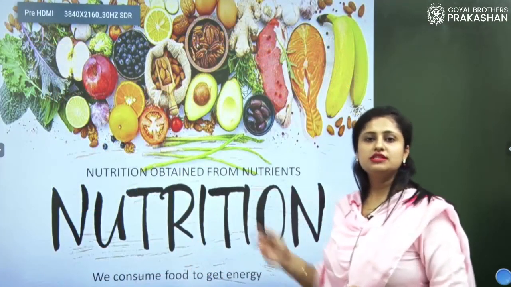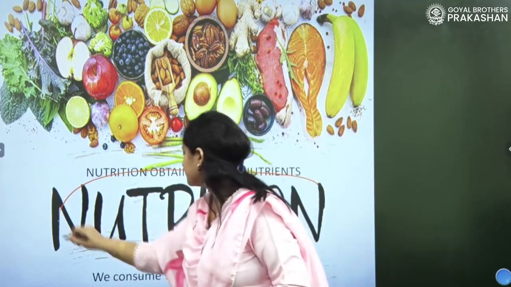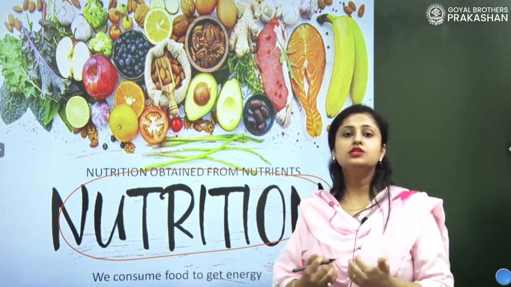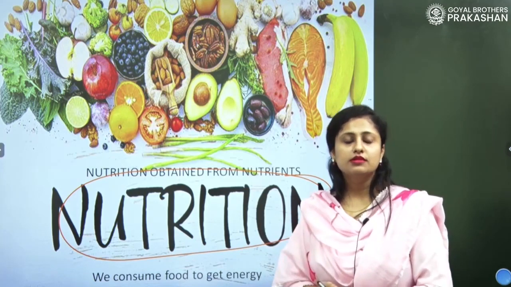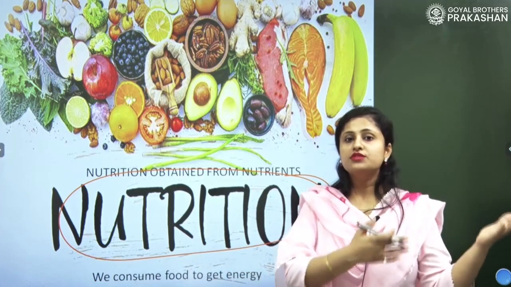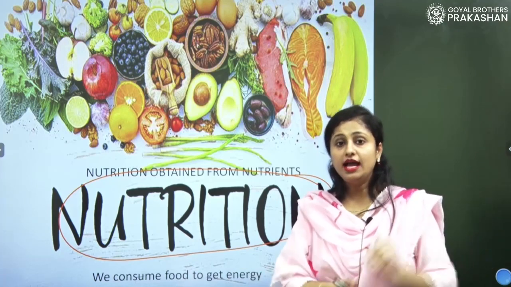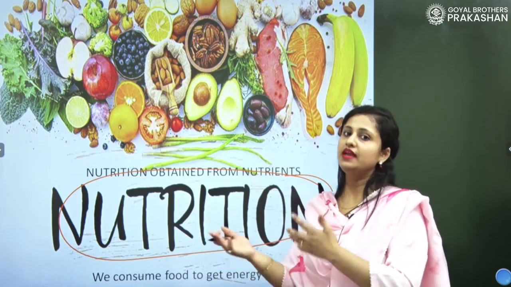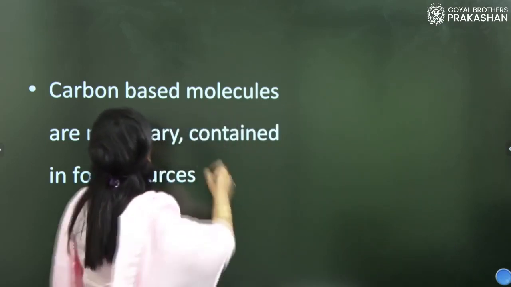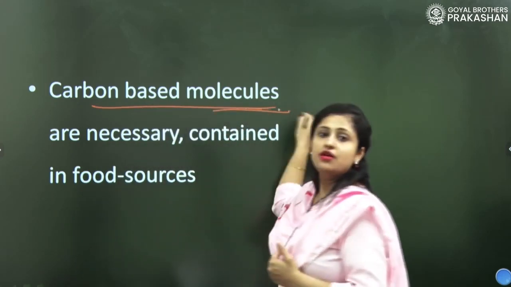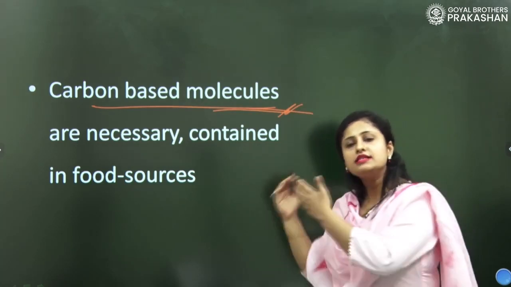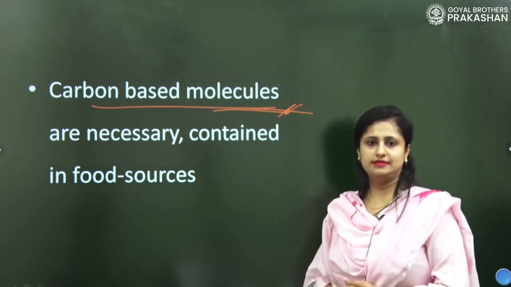We have just discussed that nutrition is the process of consuming food from an outside source, and those sources could be plants or animals. We get vegetables, fruits, and fibers from plants, and we get many dairy products from animals. From the food which we intake, we basically need the carbon-based molecules, because they are essential for our body to perform tasks.